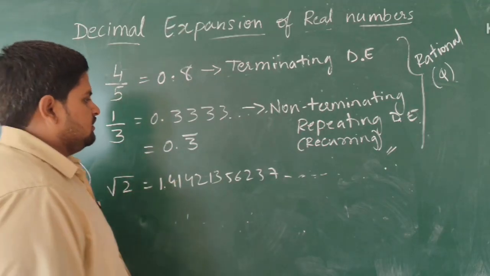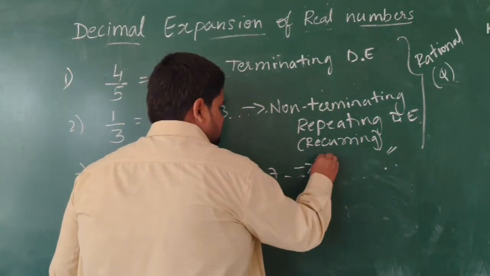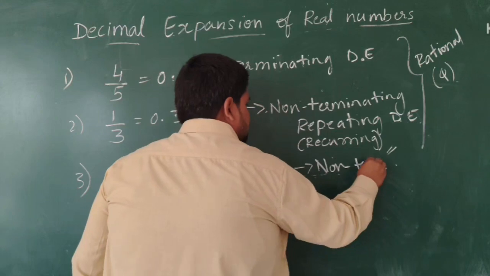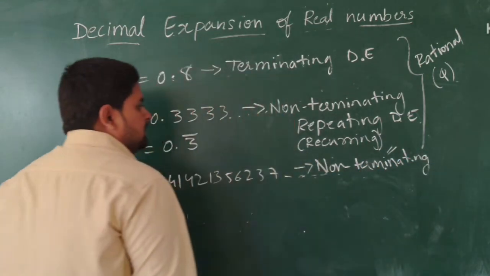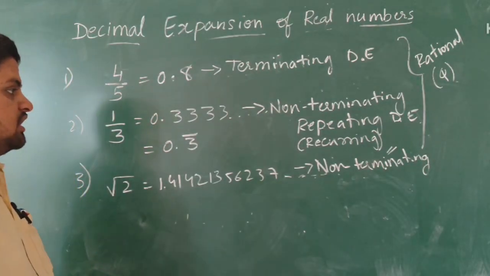So this also belongs to the non-terminating decimal expansion group. But what kind of non-terminating decimal expansion?